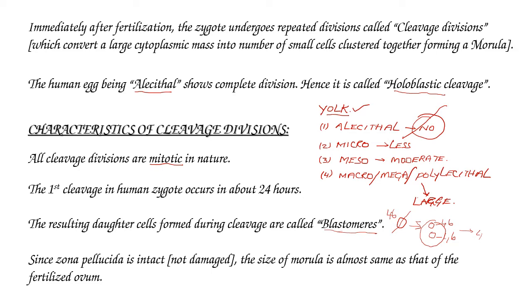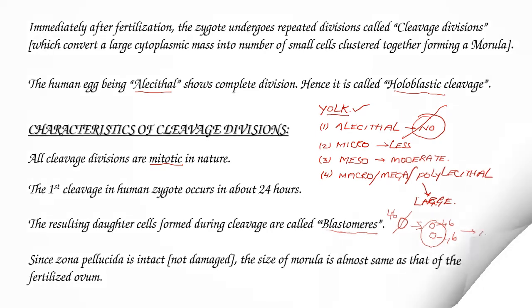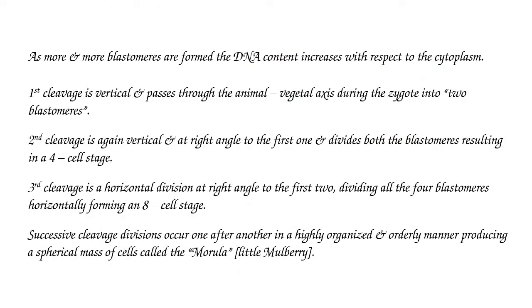Even though cleavage divisions take place, the size does not increase because of the presence of the intact zona pellucida. Intact means not damaged. As more and more blastomeres are formed, the DNA content increases with respect to the cytoplasm.